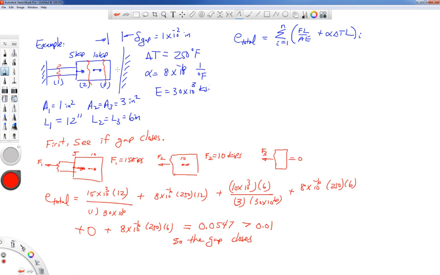So this is now a statically indeterminate problem, and we need to use our materials and series approach to figure out what happens. Okay, let me pause here and put up a new free body diagram to explain what this looks like now that the gap is closed.